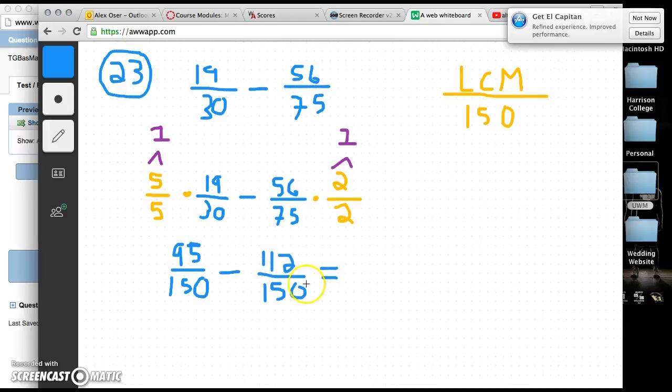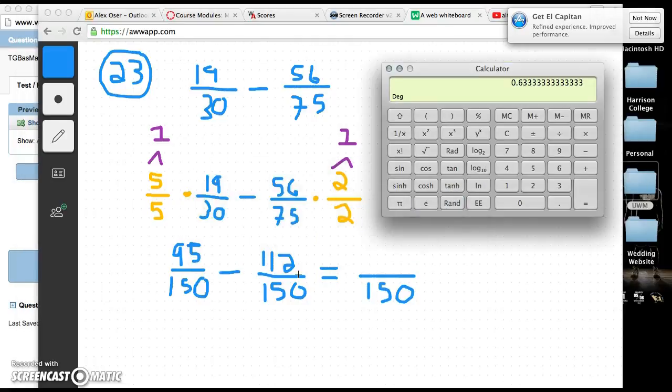So now we're finally ready to subtract our two fractions. So we have 95 over 150 minus 112 over 150. We have our common denominator, and remember, anytime you add or subtract fractions, that common denominator is going to stay in your answer. The only thing you add or subtract is your numerators.